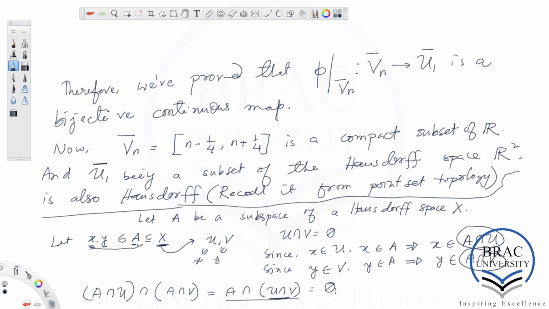It means that the subspace A, or the subset A equipped with subspace topology, is also Hausdorff. So this way we see that the closure of U1, meaning the closed arc U1 in the unit circle S1, is also Hausdorff, since S1 is Hausdorff. Or you can think of it as U1 bar being a subset of the Hausdorff topological space R2, is also Hausdorff.